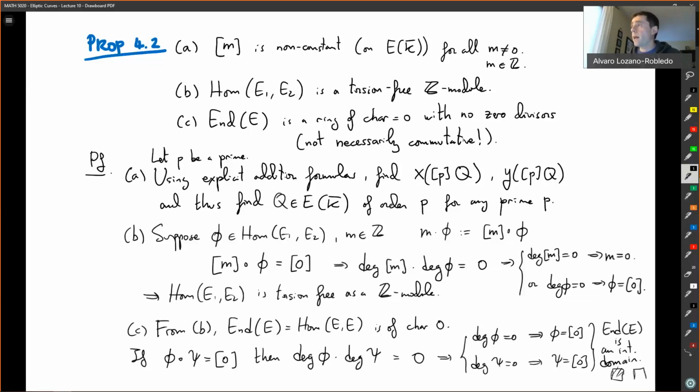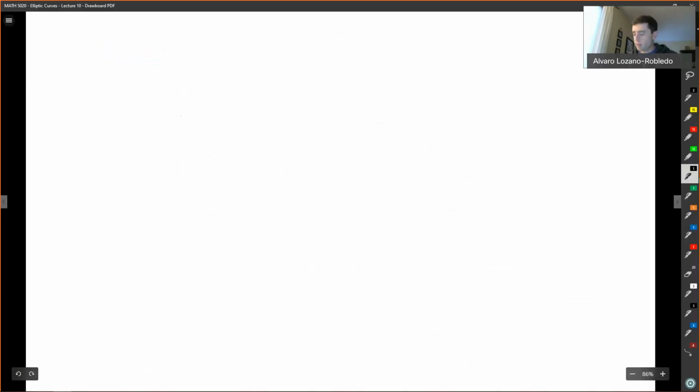So now let me define a couple more things, and maybe I'll stop. We define the M torsion of an elliptic curve.